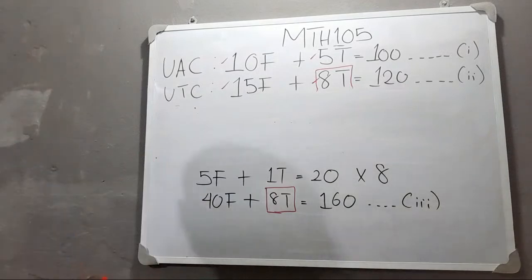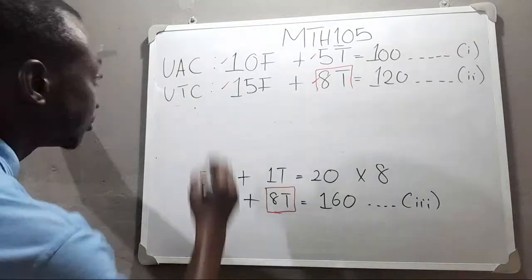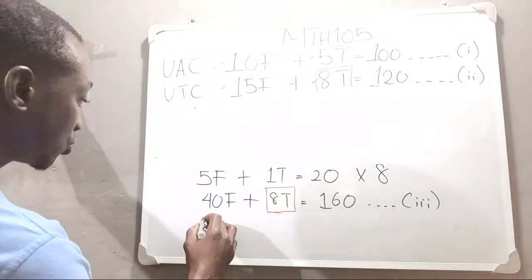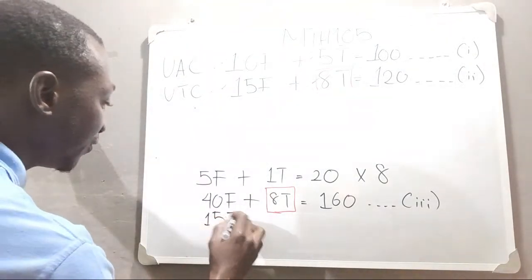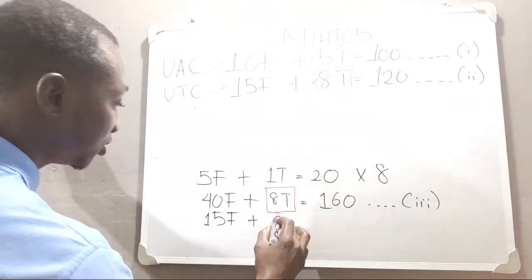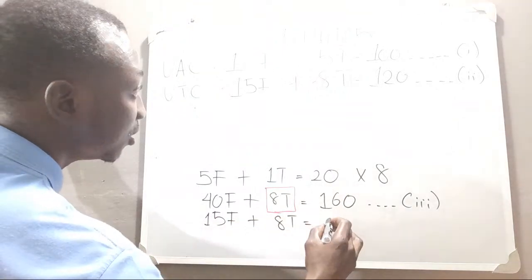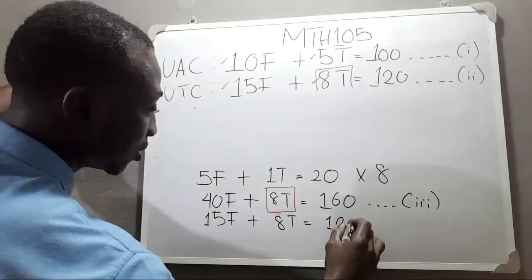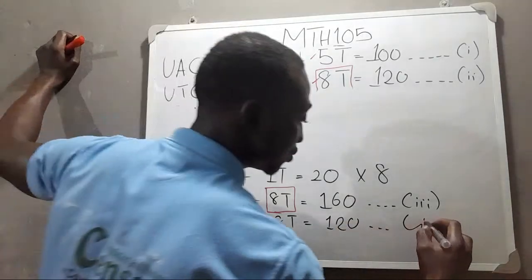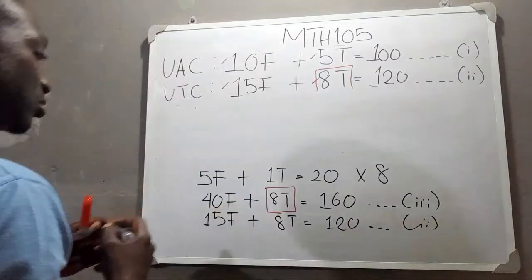Okay, let me write this down. So I'll rewrite it again. Equation 2, we have 15f plus 8t equals 120, which is equation 2.